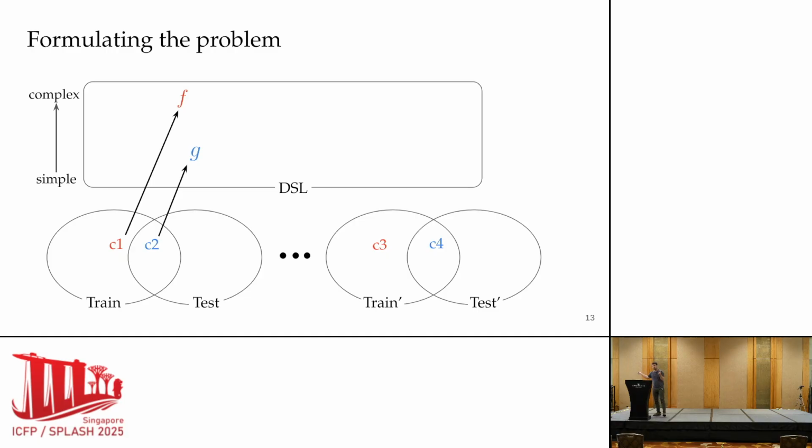And another feature of this formulation is that the DSL can choose not to express some concepts at all, right? So whatever mechanism we're using to define the DSL, we might end up with one which is less expressive than we started with.